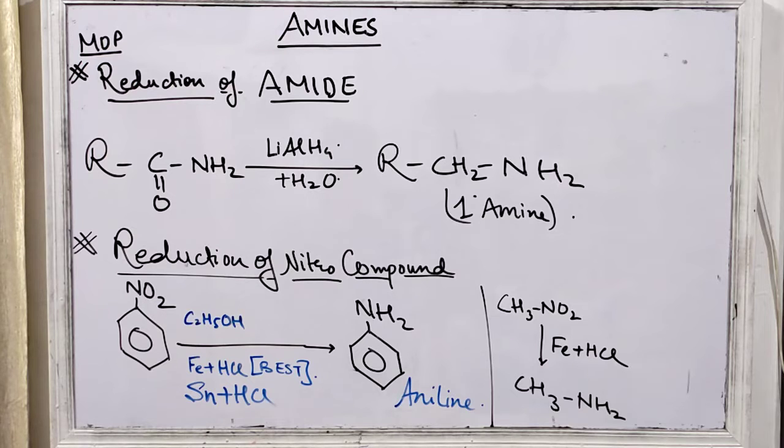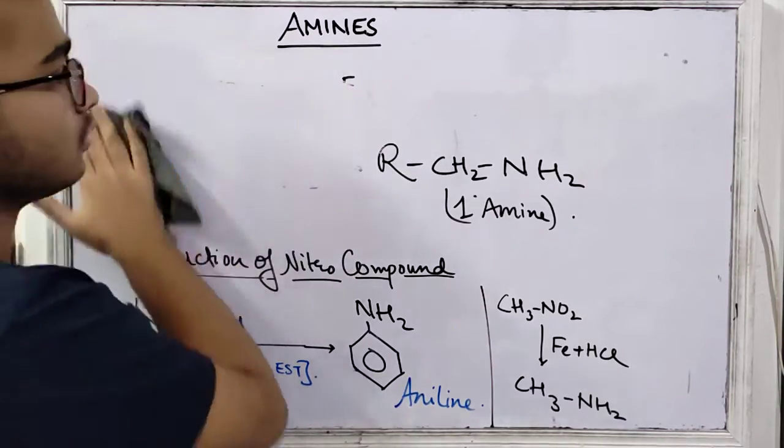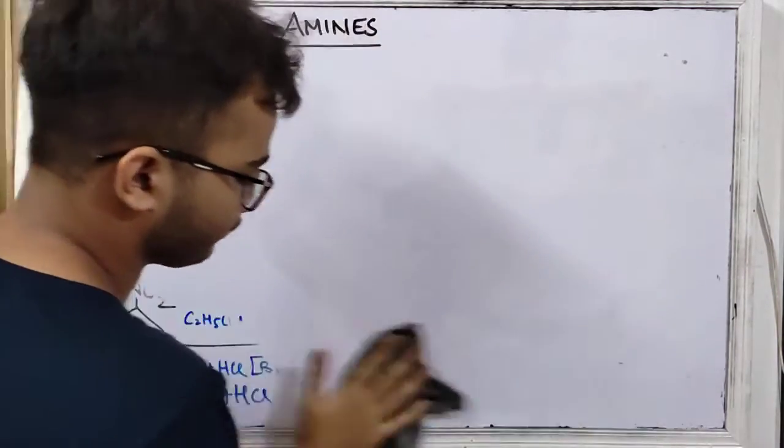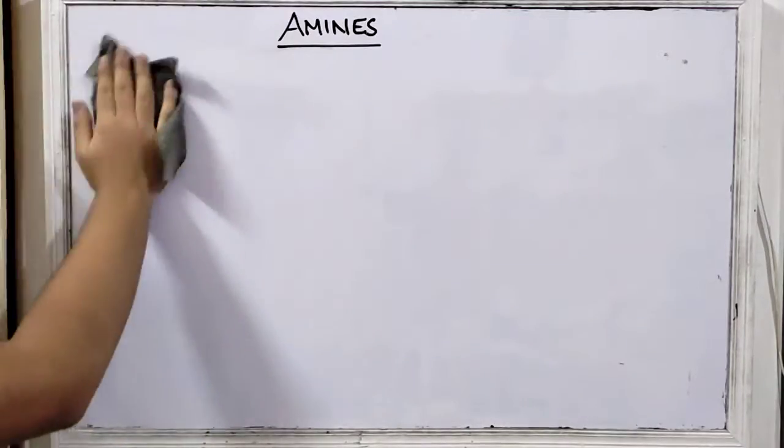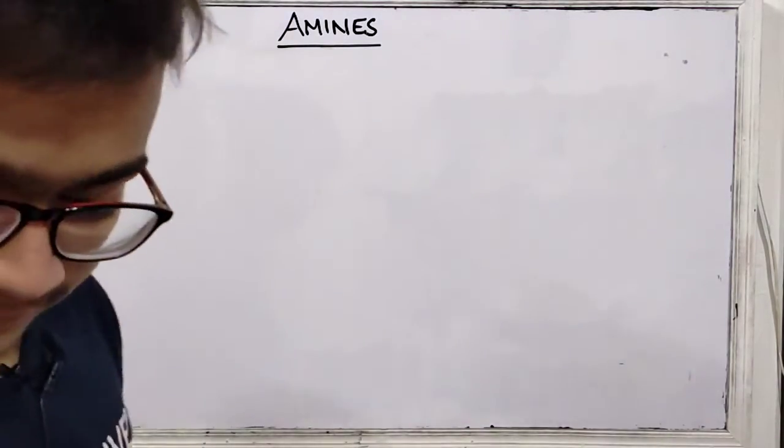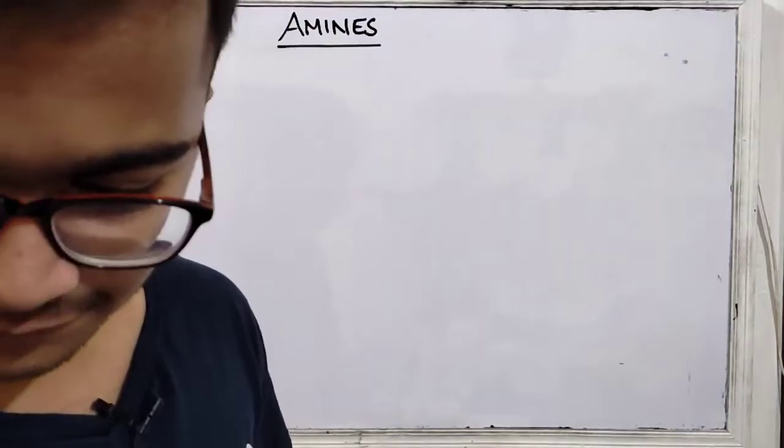So let us continue with the Gabriel phthalimide synthesis. Now, this is a very important reaction and it is a name reaction also, so you have to keep it in your name reaction list.